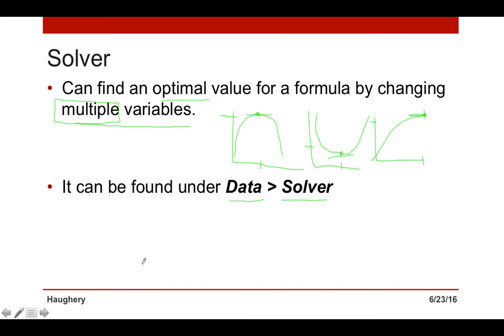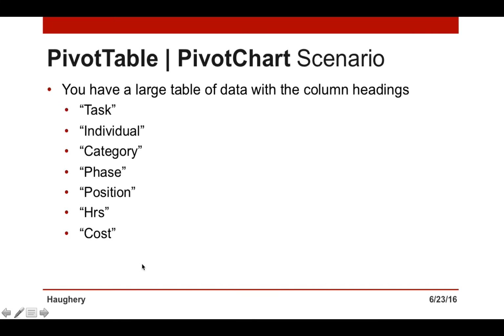So going back to our PowerPoint slide here, now we want to look at pivot tables or pivot charts. And so let's say we have a large table of data. It has these columns: tasks, individuals, categories, phases, positions, hours, and costs. So maybe you can think of this as a whole bunch of information about how much time different people spend on different tasks during different phases of a project and how much it costs, right?